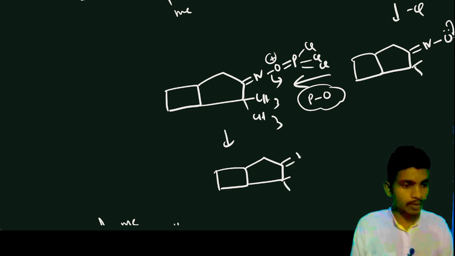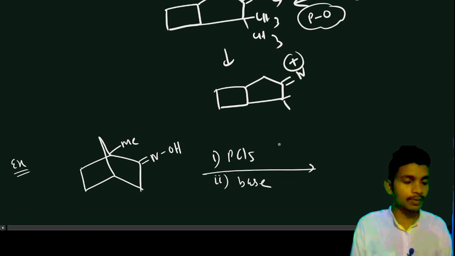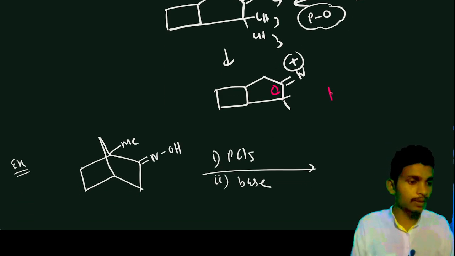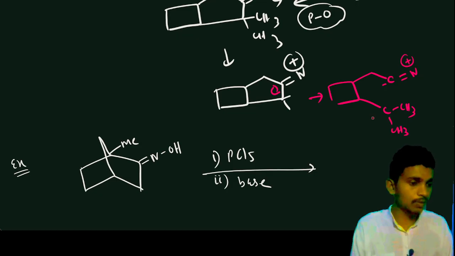So again we are getting a positive charge on N here. Now this is a 3-degree carbon, so again it will break here. Then what will we get now? This is going to be C, and here double bond N, with the positive charge. So this breaks, so here it goes negative, and here we have CH3, CH3, and this is going to be positive charge.